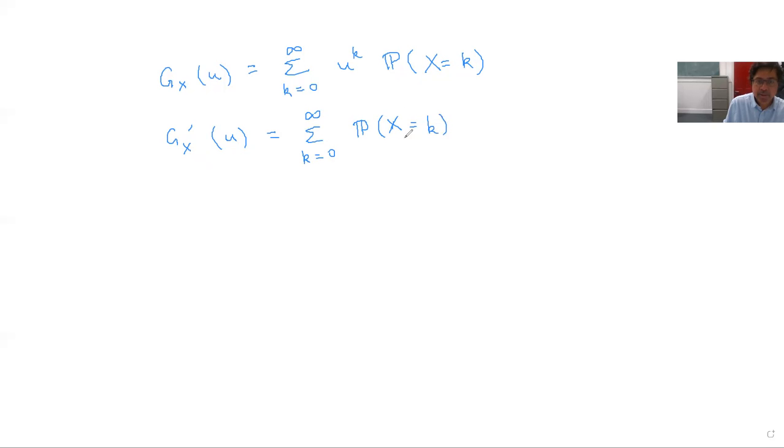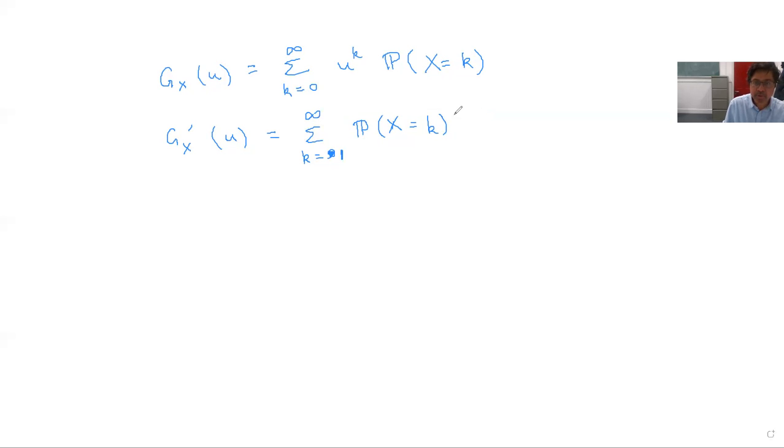And now I should switch this: the sum now goes not from 0 but from 1 to infinity. The term corresponding to 0 has u to the 0, which is a constant. When you differentiate it, that gives you 0. It's only the other terms in the sum from 1 to infinity which give you a non-zero derivative.